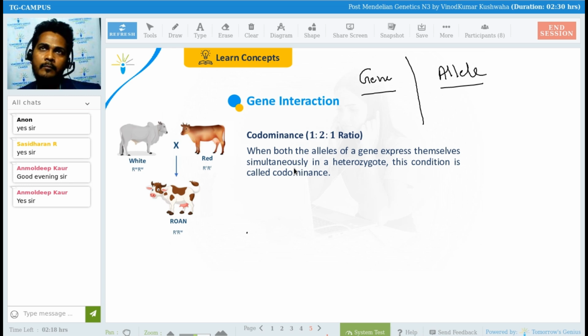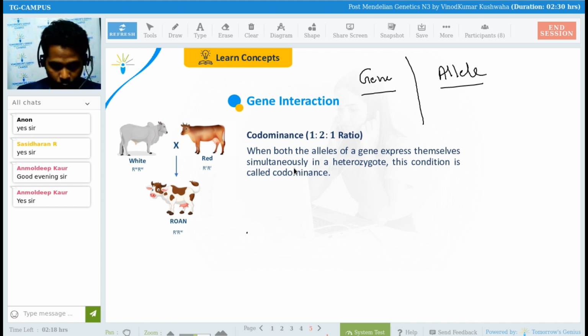For example, if tallness is a character, each of the alleles might be one tall or one dwarf, or both tall, both dwarf. Nice. That's excellently given by Aman.